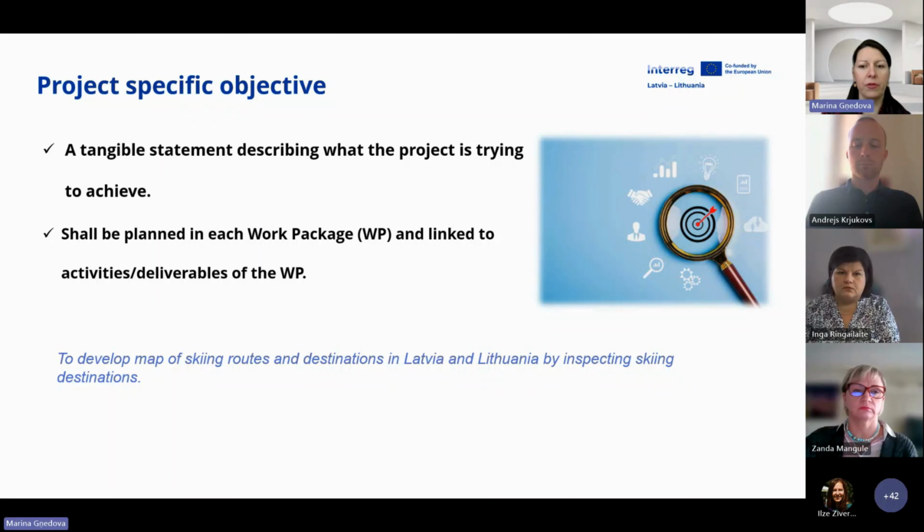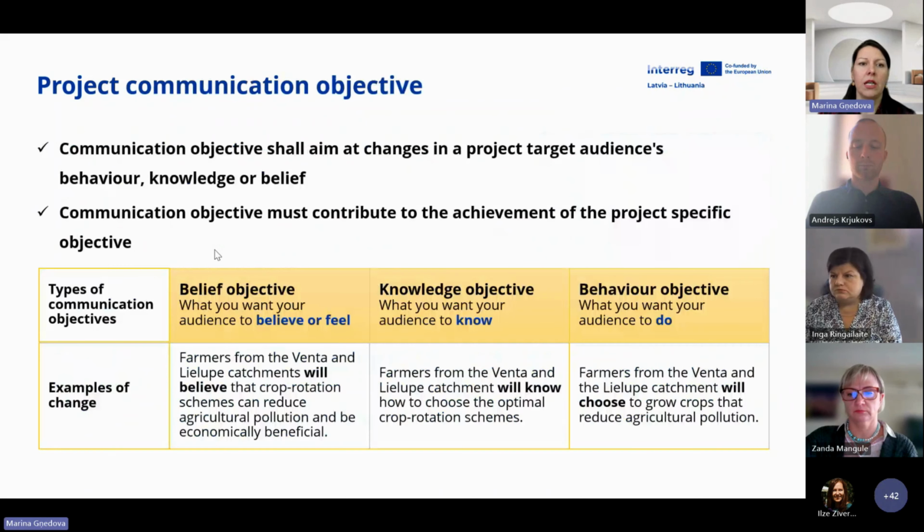For example, project partners are going to develop a map of skiing routes and destinations in Latvia and Lithuania by inspecting skiing destinations. So I presume that in some work package, according to this specific objective, there shall be activities planned where partners go on-site to inspect skiing destinations in order to develop this map.